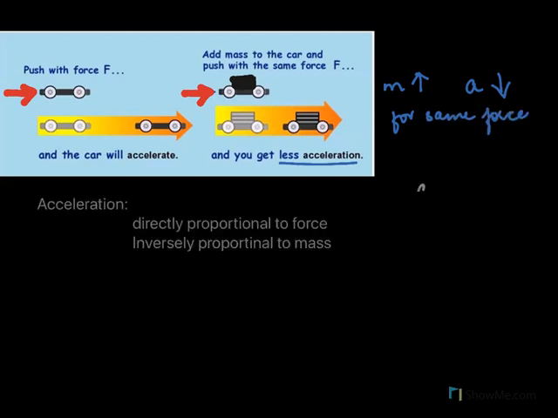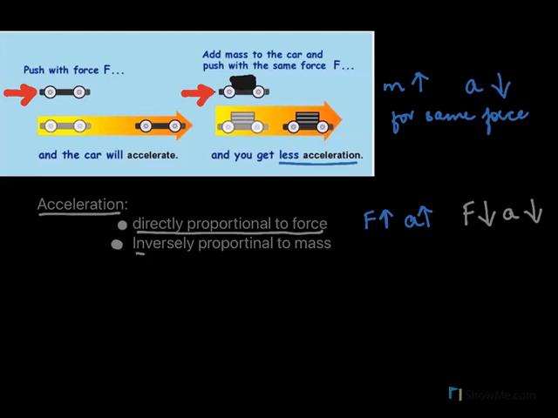Let's go over acceleration again. So we saw acceleration is force over mass. So acceleration is directly proportional to force, which means if force increases, acceleration increases. And if force decreases, acceleration also decreases.